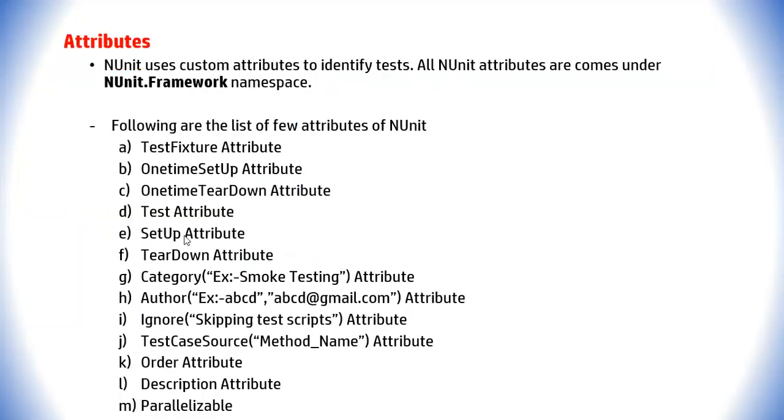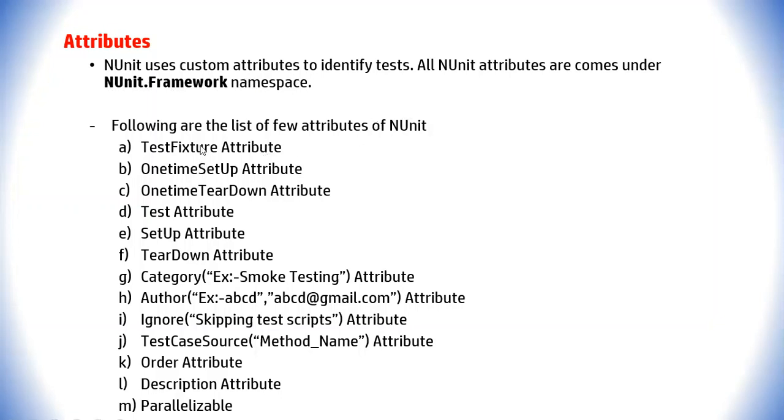So these are the set of attributes available under this particular namespace, that is called the NUnit.Framework namespace. In case of Java, you will be getting an import followed by the class names. Here you will be calling it a namespace. These are the attributes that come under this namespace.